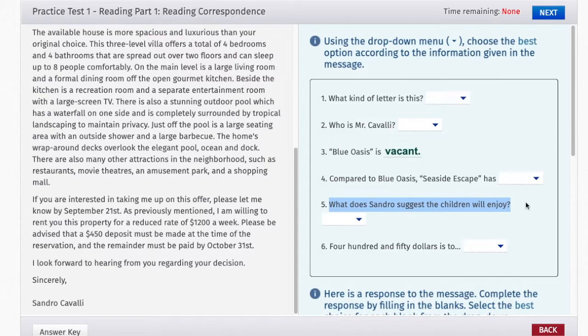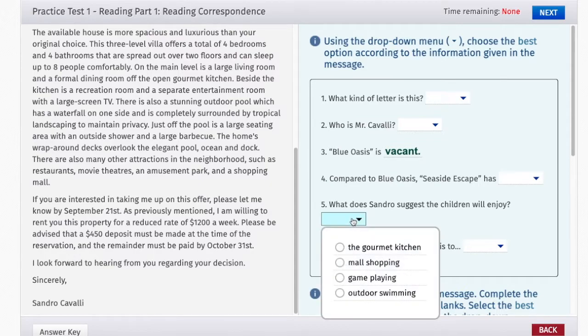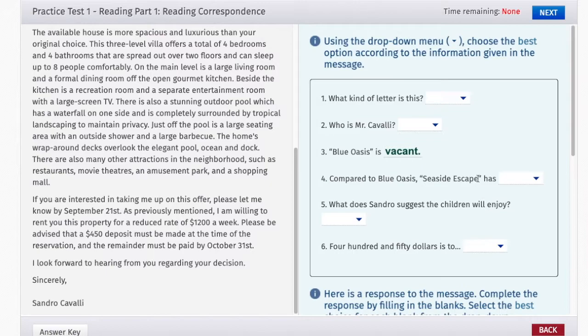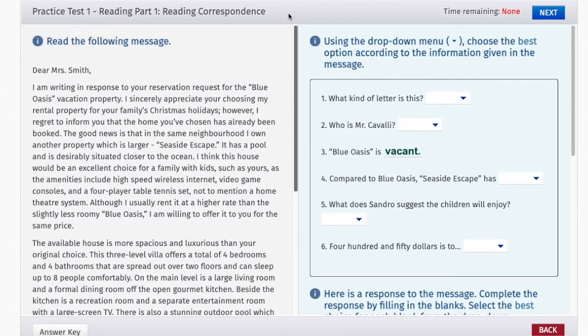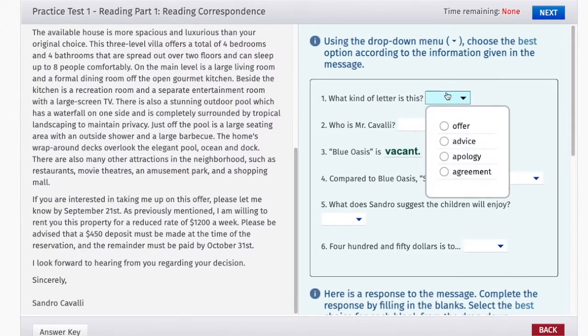So understanding what the question is asking, connecting to the area, and understanding the vocabulary differences will make us select the best answer. Also, the whole email, right?